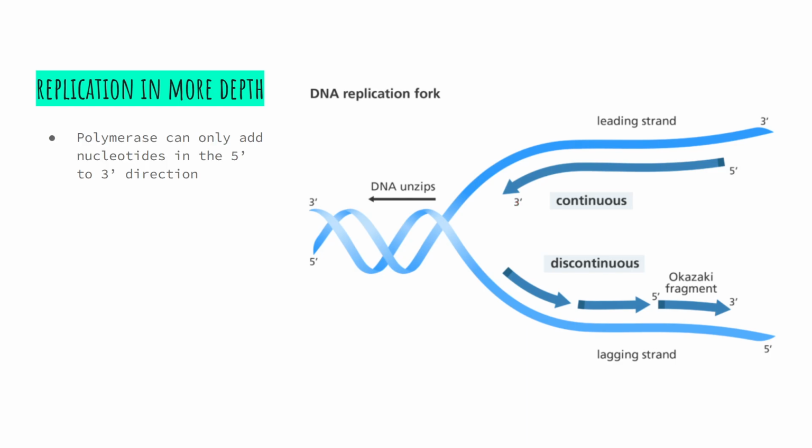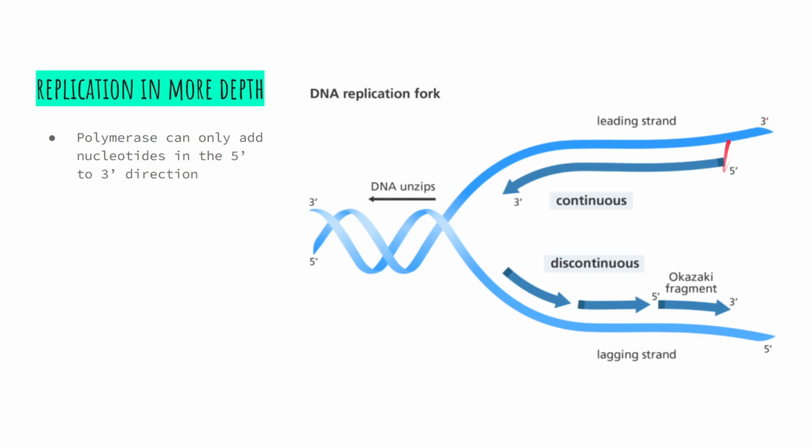So the way DNA polymerase can work is it can only add those nucleotides in the 5' to 3' direction. So if we have our original strand that's unzipped, let's have a look at this 5' one. We see that this end of the DNA is considered 3'.